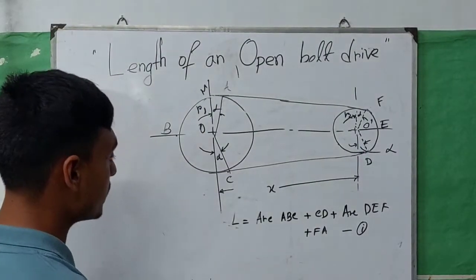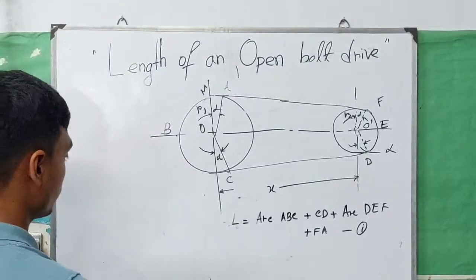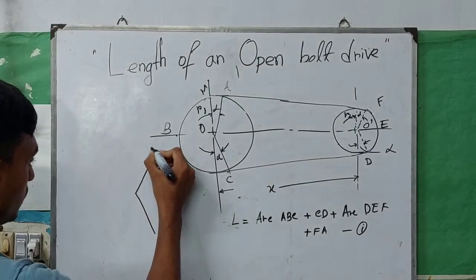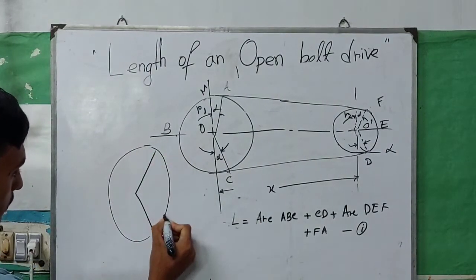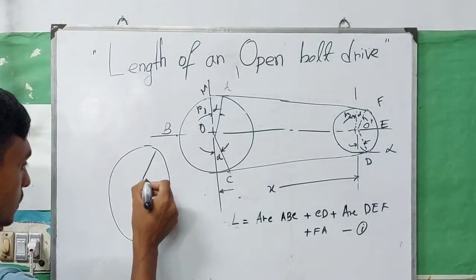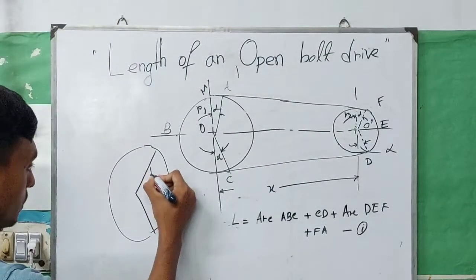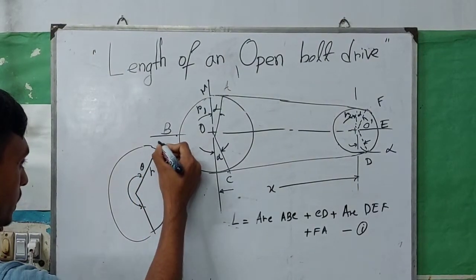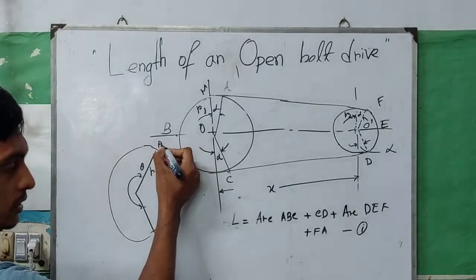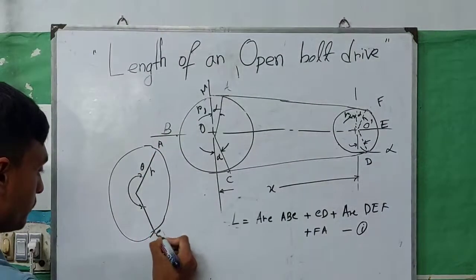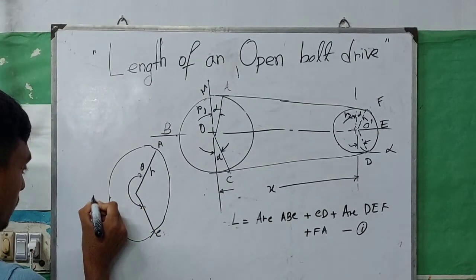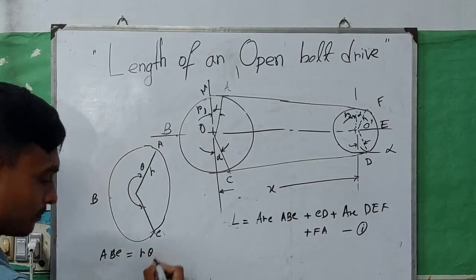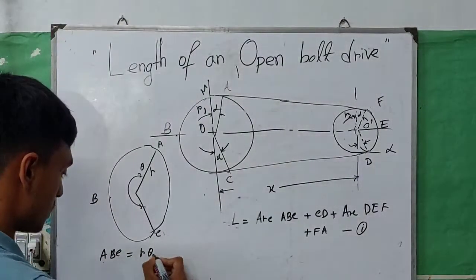So we are trying to find the arc length ABC. It is very clear that if it is a circle with radius r and angle theta, with points A and C, then arc ABC may be written as r theta, where theta is in radians.